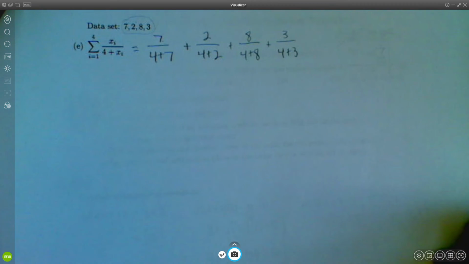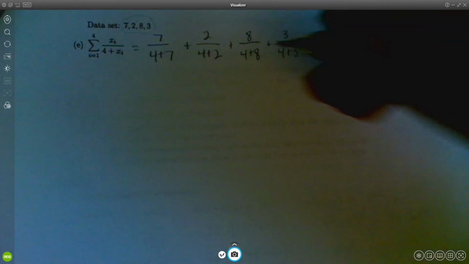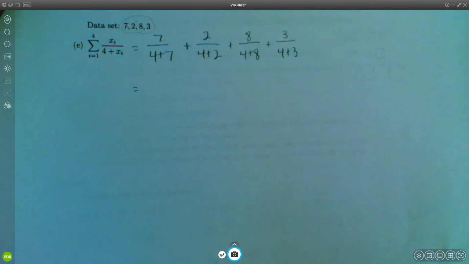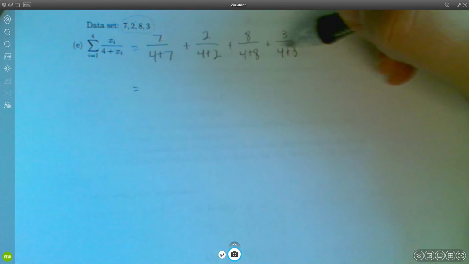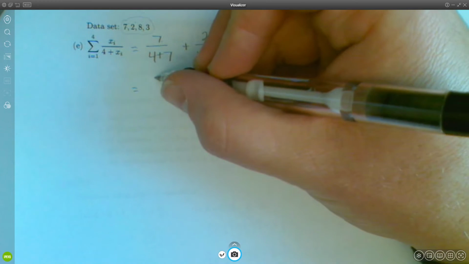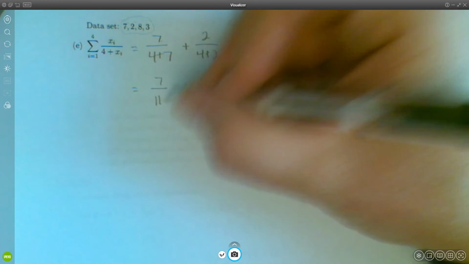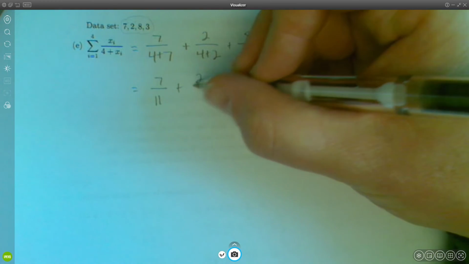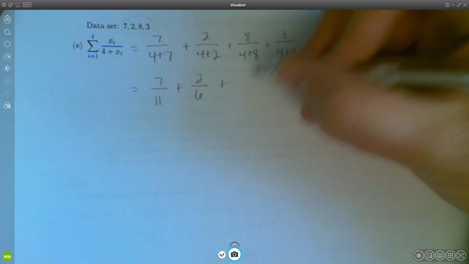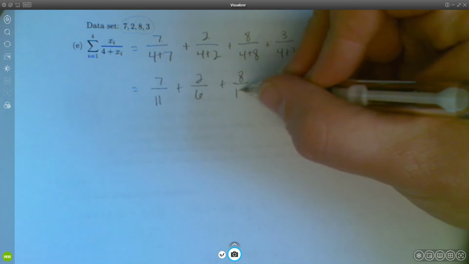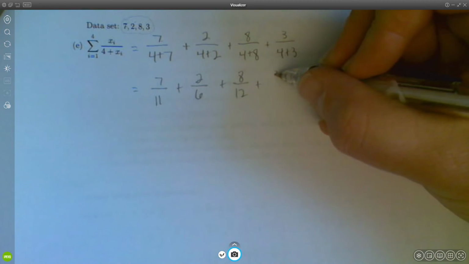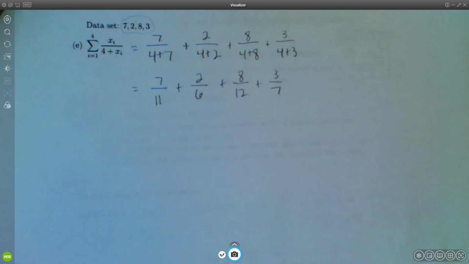You could punch this all into your calculator at this point. I'm going to take it probably one more step before I punch it into my calculator, and I'm going to go ahead and add up those denominators. So this is going to be 7 over 11 plus 2 over 6 plus 8 over 12 plus 3 over 7.